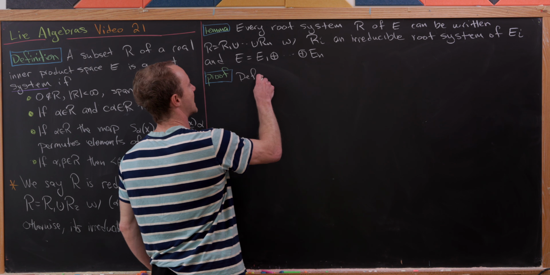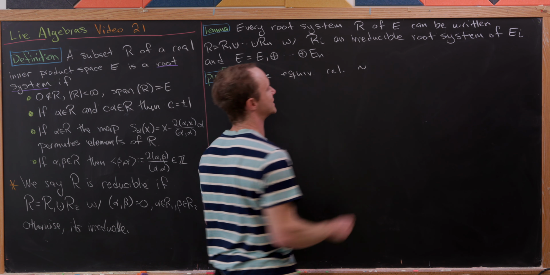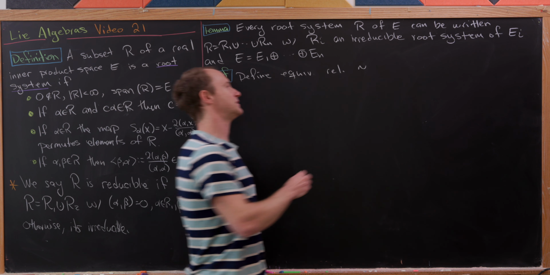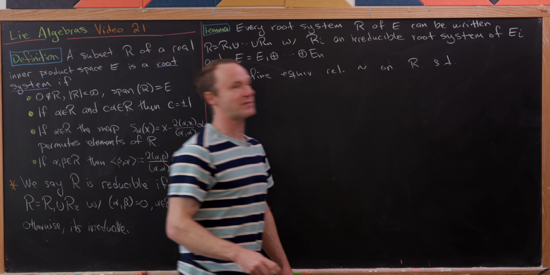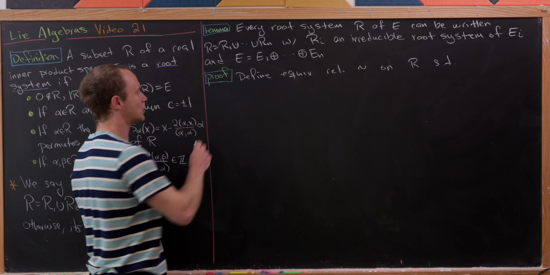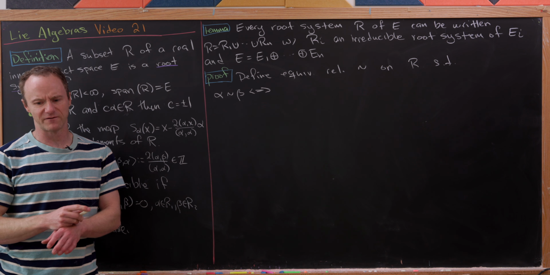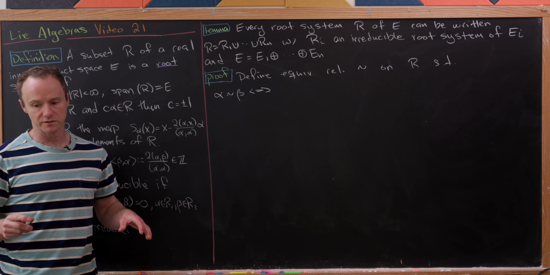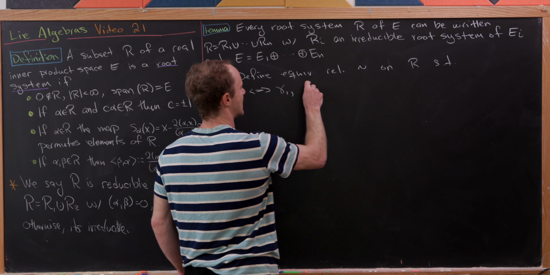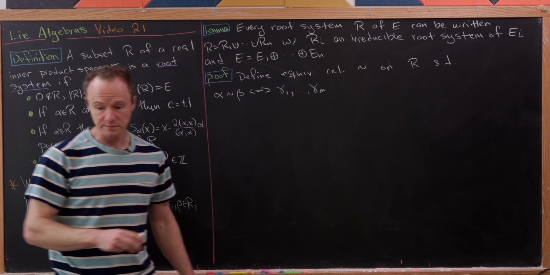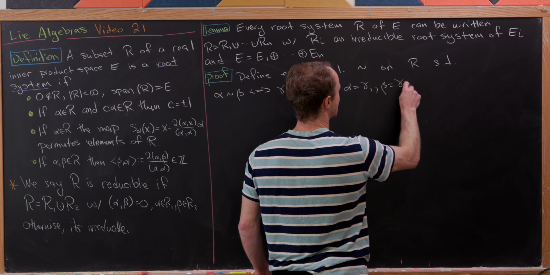Well, let's define what will be an equivalence relation. I'll call this equivalence relation tilde, and it's going to be defined on our root system by the following condition. We'll say that alpha is equivalent to beta if and only if we have a string of roots gamma 1 up to gamma m, so that alpha is equal to gamma 1 and beta is equal to gamma m.